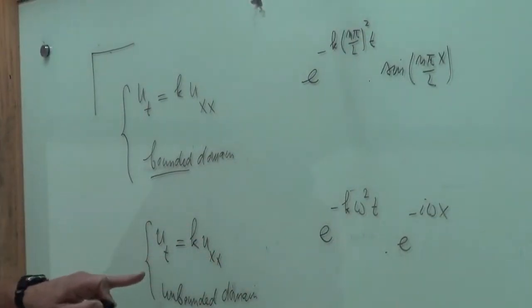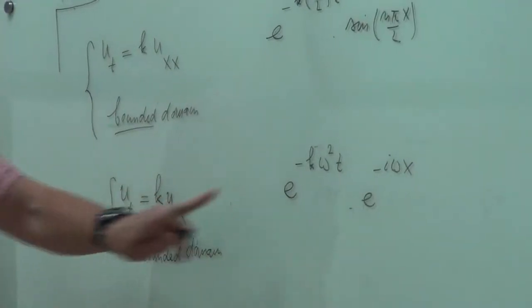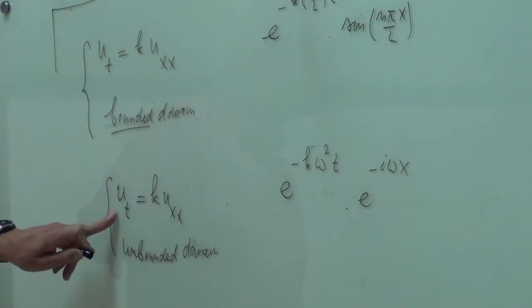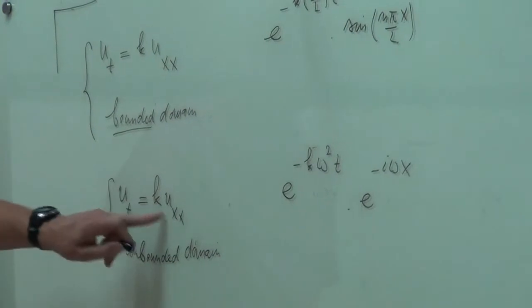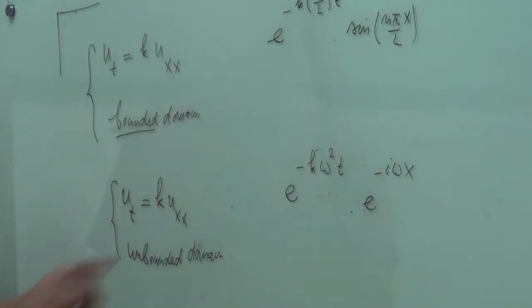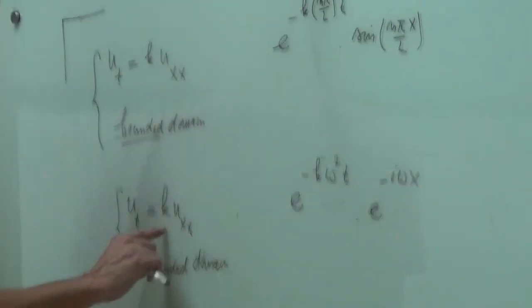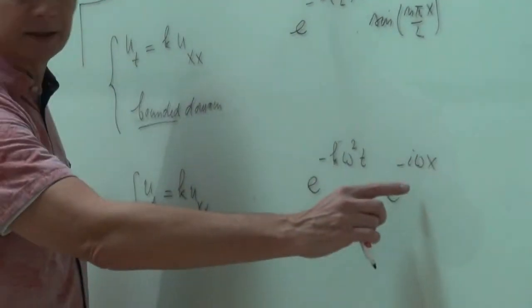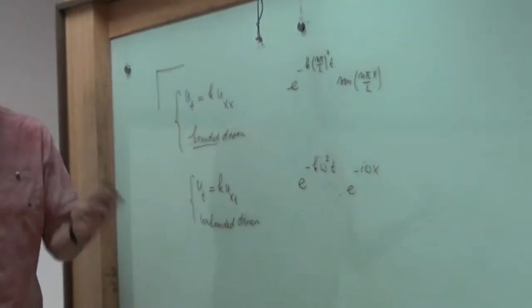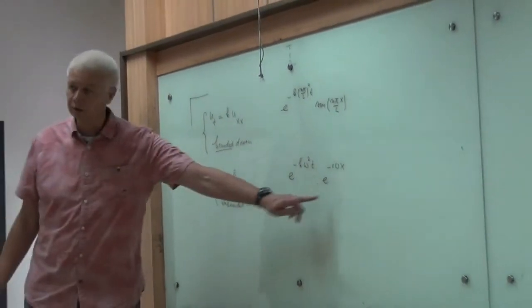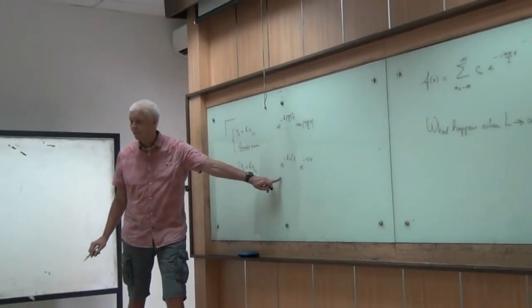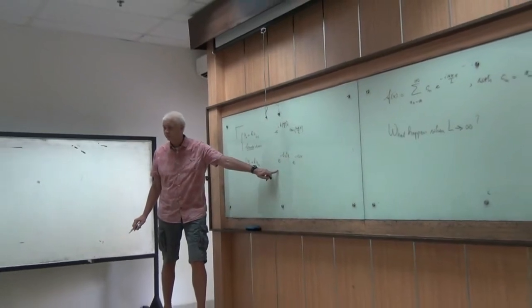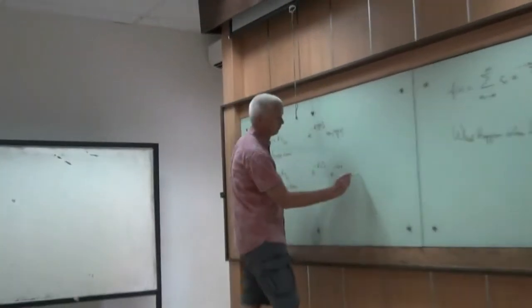You can immediately see that, substitute that into the problem. If I take the derivative with respect to time, I will get minus k omega squared times this exponential. If I take the second order derivative, I will get on this side k times minus i omega squared times this exponential, and then you see that it satisfies. But it satisfies for all omega.